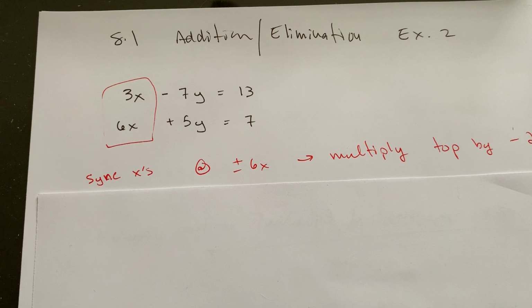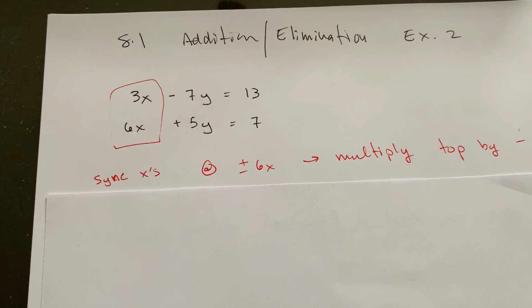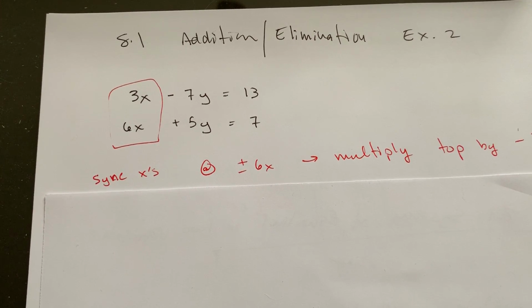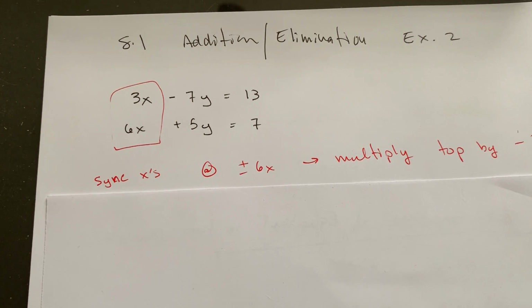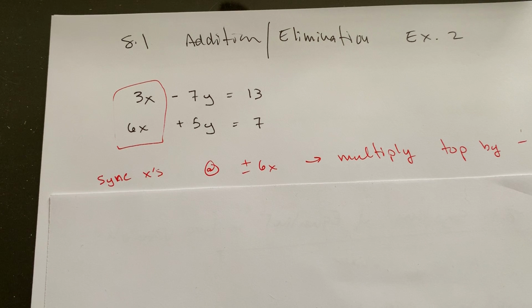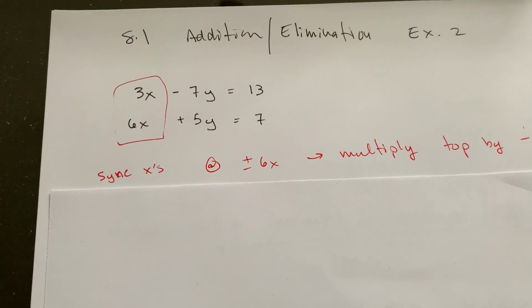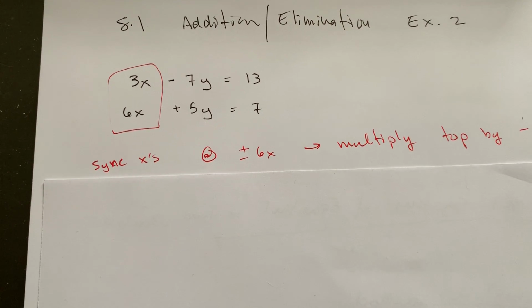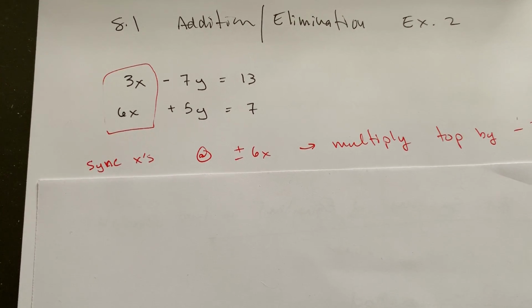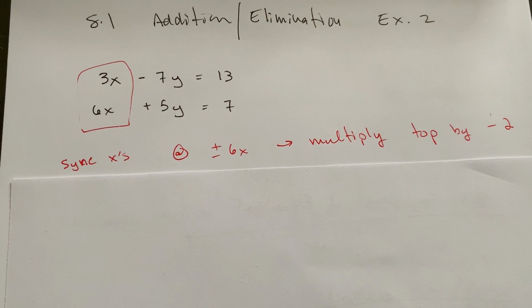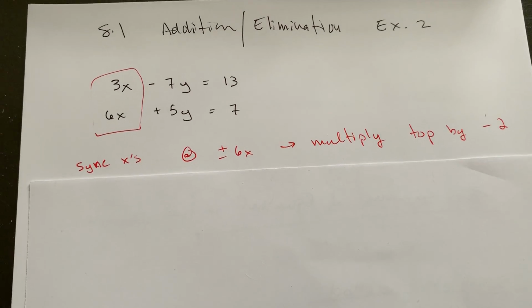They're not going to meet up until we hit 35. So you would need to do the top equation times 5 and the bottom equation times 7. That would get you a negative 35y and a positive 35y. That works. The only thing there is, of course, your numbers get a little bit bigger, and so maybe it's easier to make a mistake if the numbers get a little bit bigger.